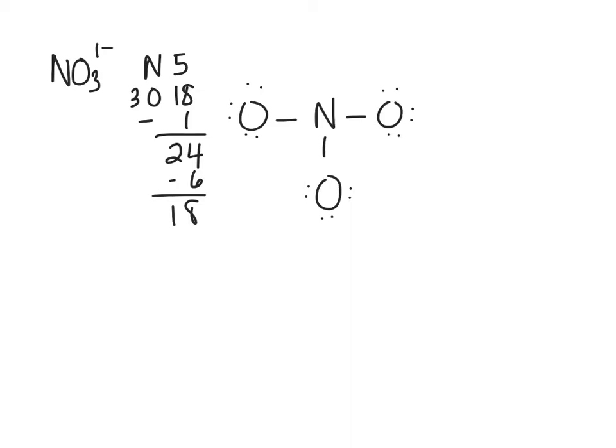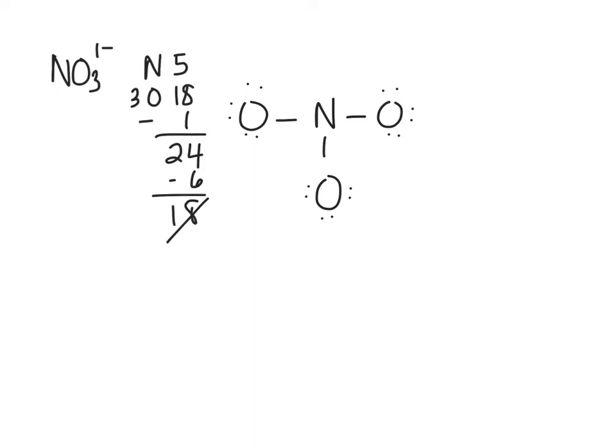So we have no more electrons. We're done. We've placed 8, 16, 24 total. Each oxygen has its octet satisfied. However, nitrogen does not. It only has 6. It wants 8. However, we have no more left to place.